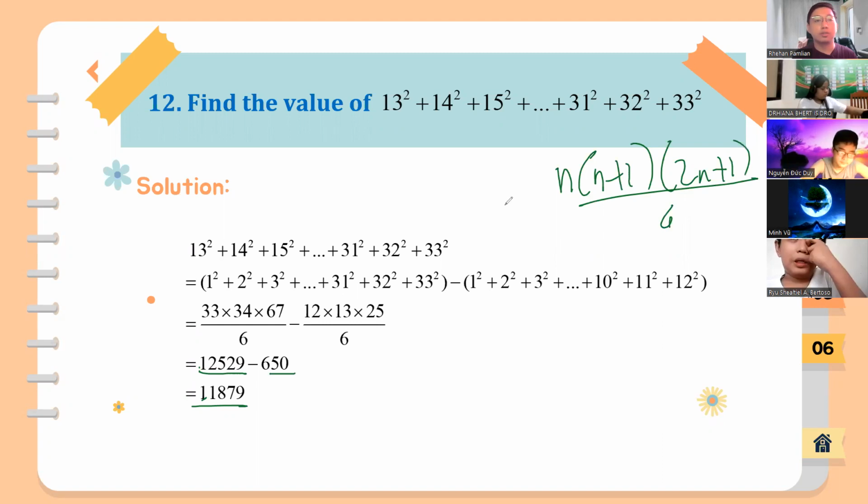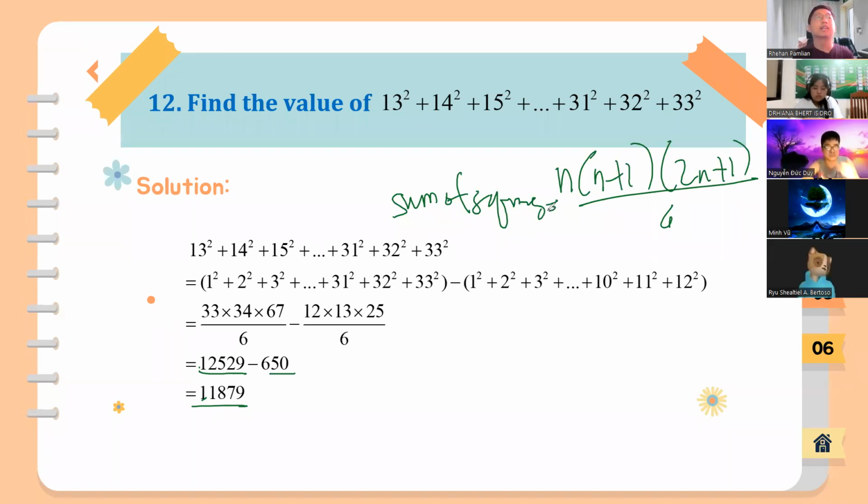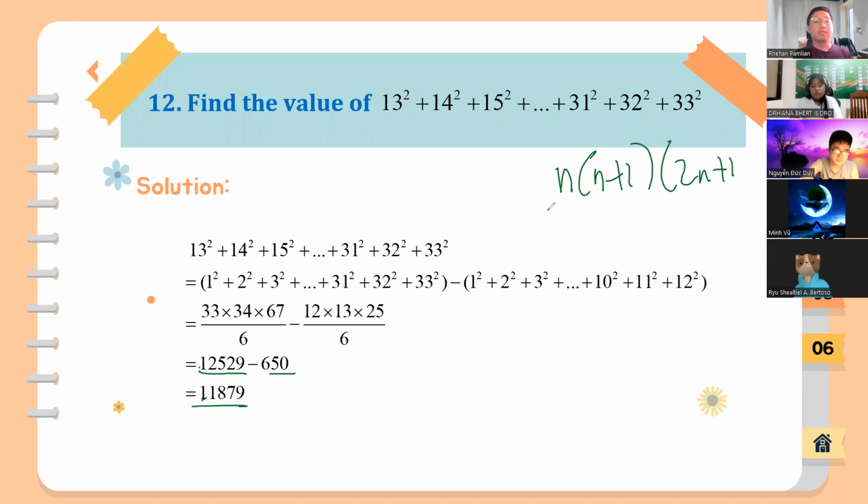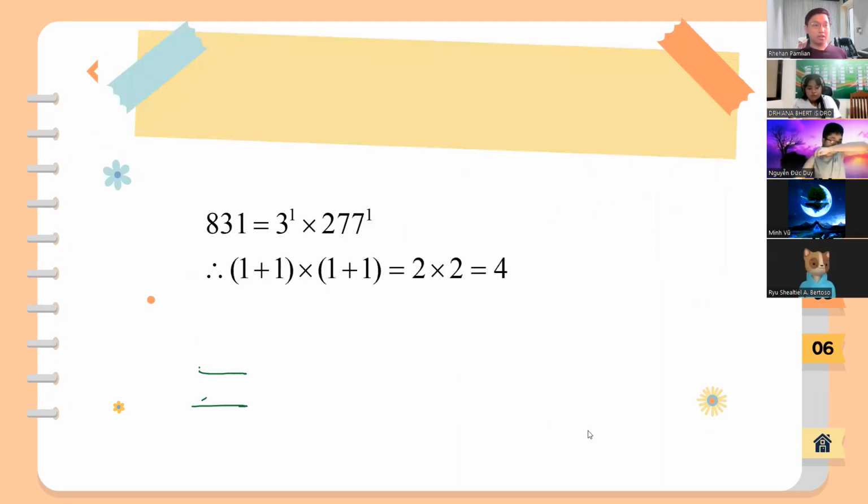This is the shortcut for sum of squares. The idea is also basically factorized polynomial. That's right. So we move forward now with the next question, number 13.